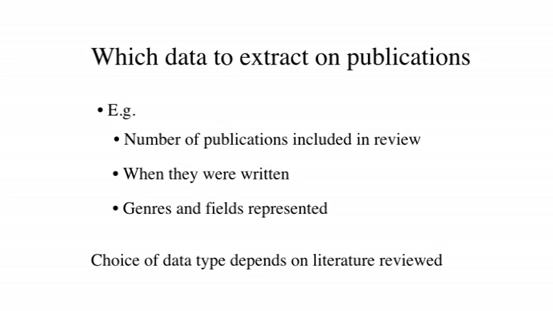Such data enables assessment of the state of the field and helps to identify gaps, for example, when the issue has received little attention from philosophers. I haven't mentioned collection of data from publications on which other publications they cite, but that data will also show when scholars in different fields working on the same issue are unaware of each other's work. Obviously, the data to extract may vary with the literature reviewed.